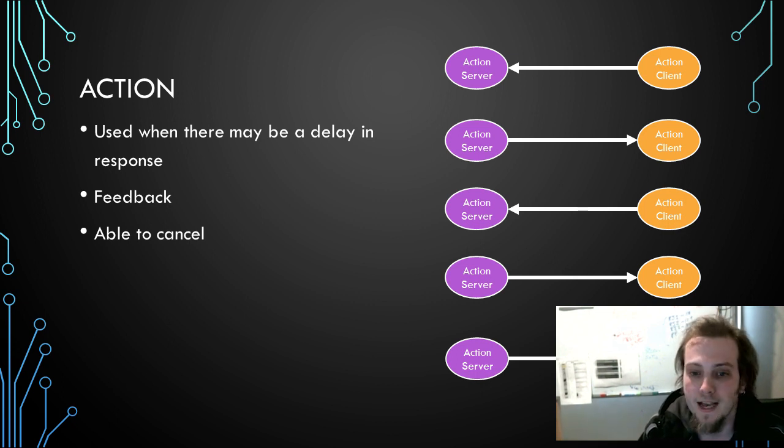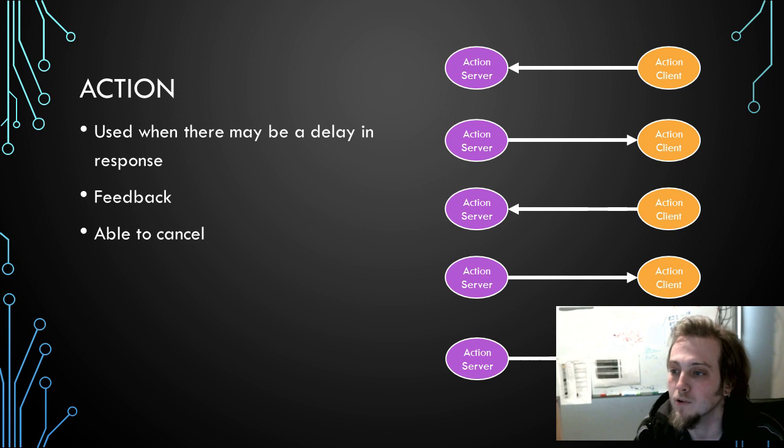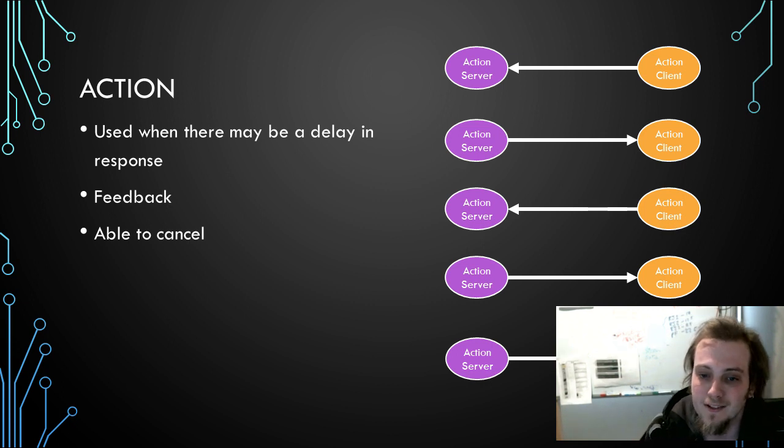So for our scanning of an object, it'll tell us how long until that is done. Then the result is sent once the goal is done by the server, which would be the result of our scan in our example. Now, at any point in time before the goal is done, the client can send a request to cancel the operation.